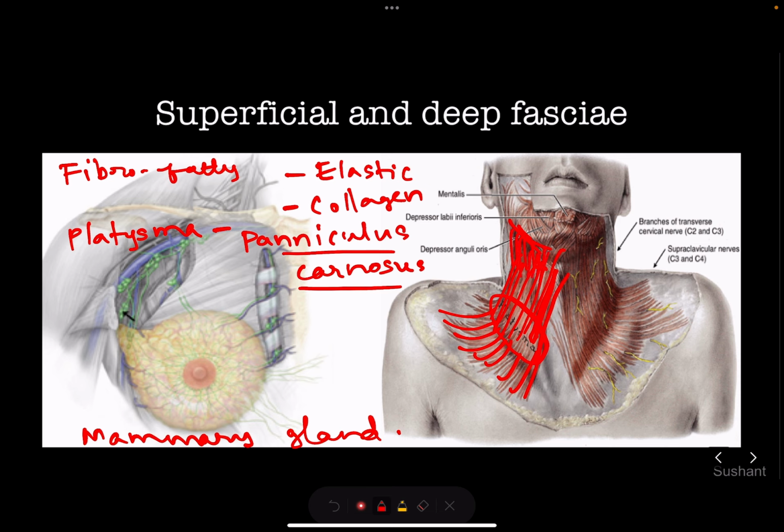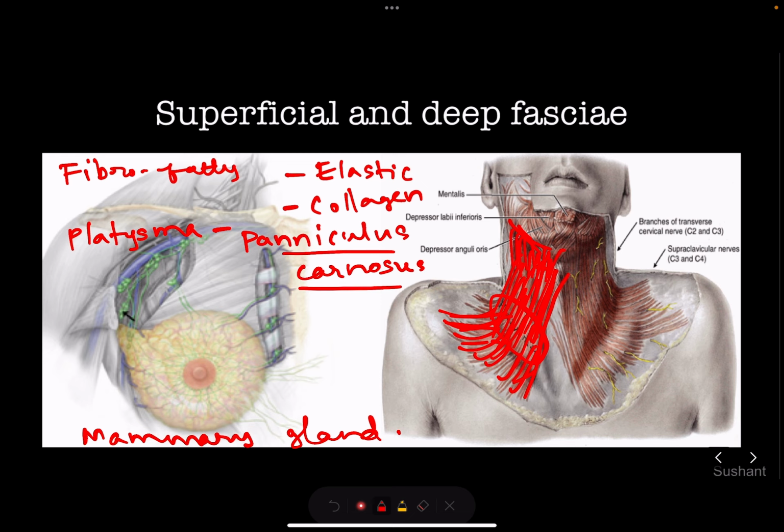It forms the floor of the posterior triangle of the neck and a part of the floor of the anterior triangle of the neck. So that's the superficial fascia.